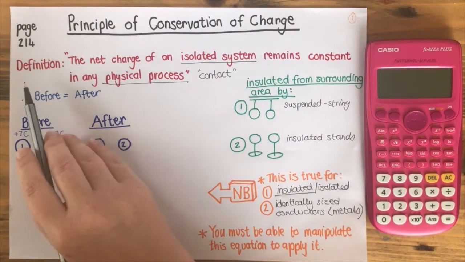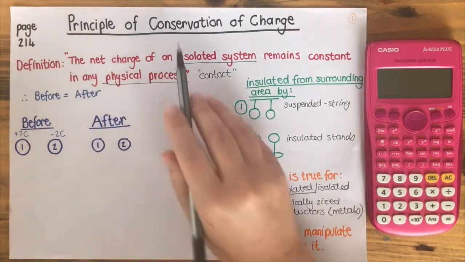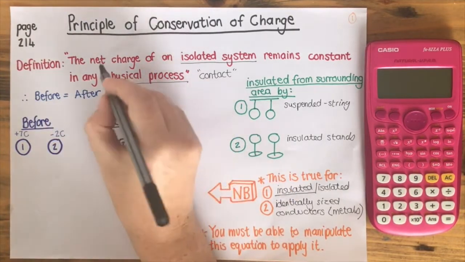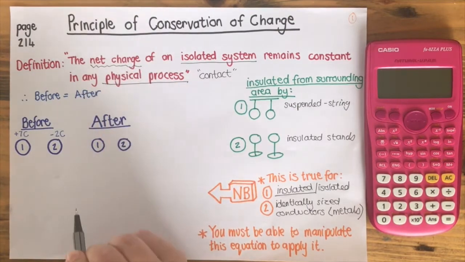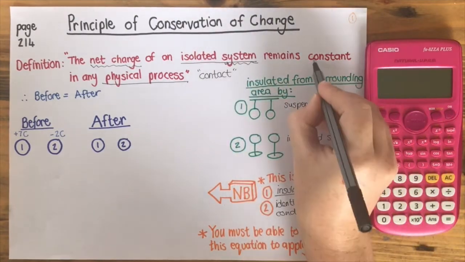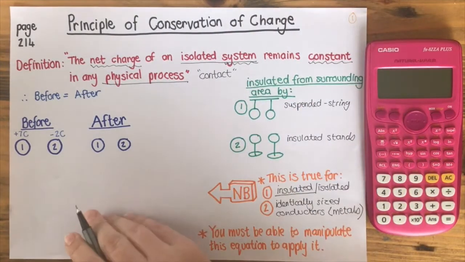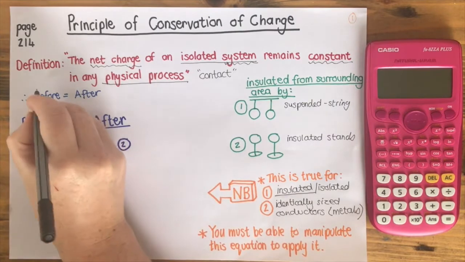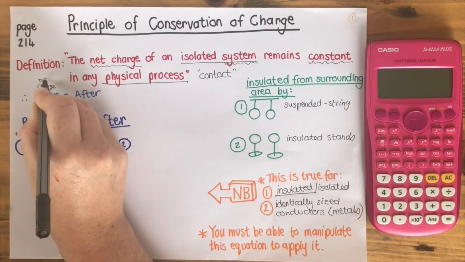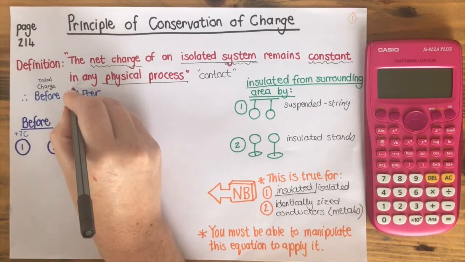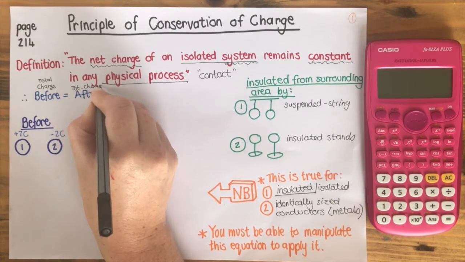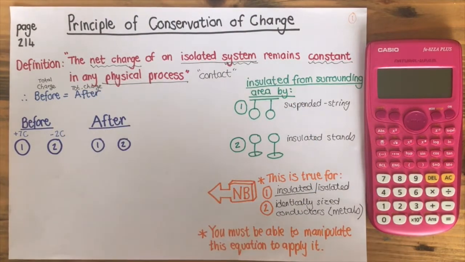Right, and then the big mathematical portion of the principle of conservation of charge comes from the definition as well. It says that the net charge of an isolated system, the whole system, remains constant in the process. So that means that the total charge before is equal to the total charge of the entire system after.